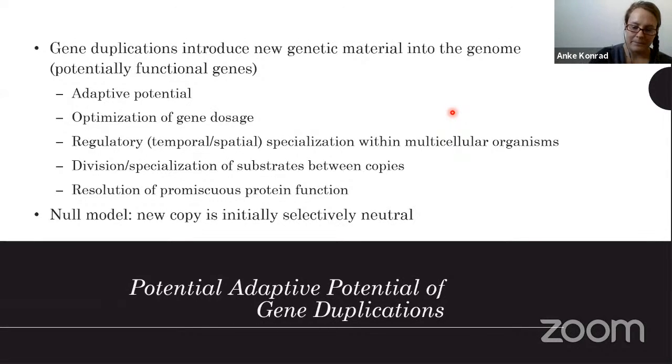And the null model for gene duplicates is the view that a new copy might initially be selectively neutral. Now, this has been challenged over time, but this is still the null model.